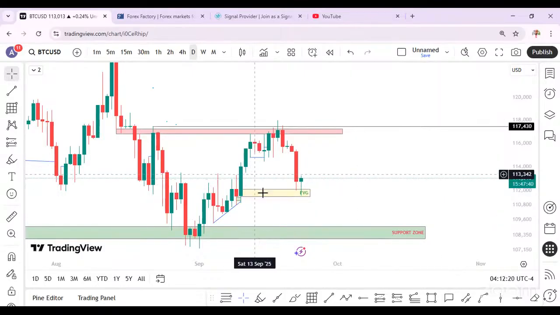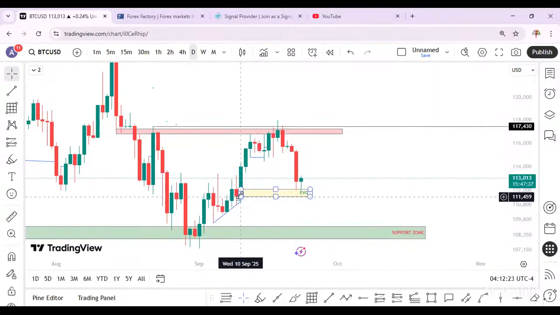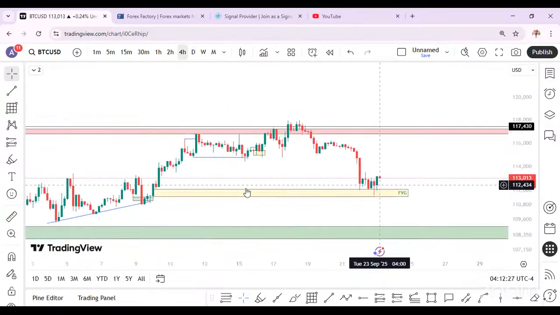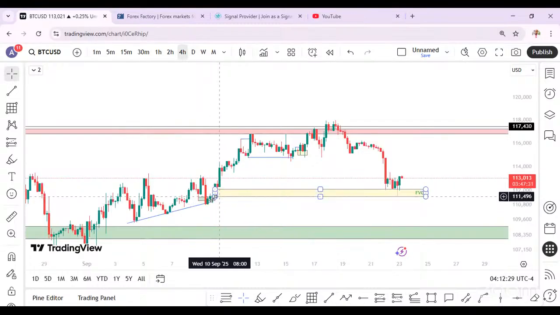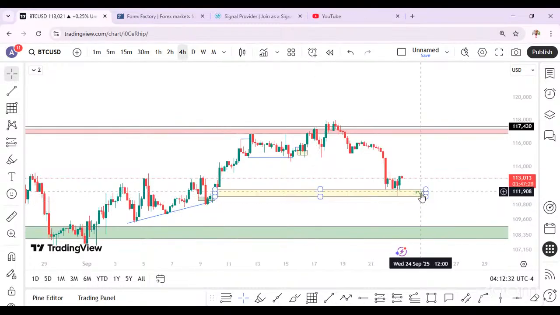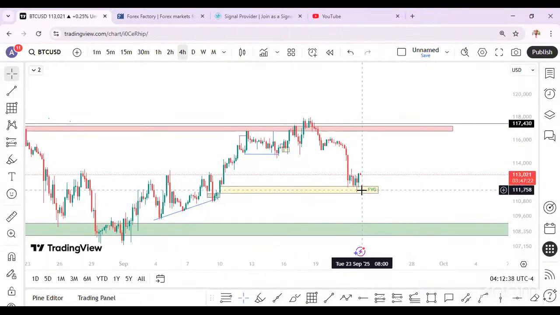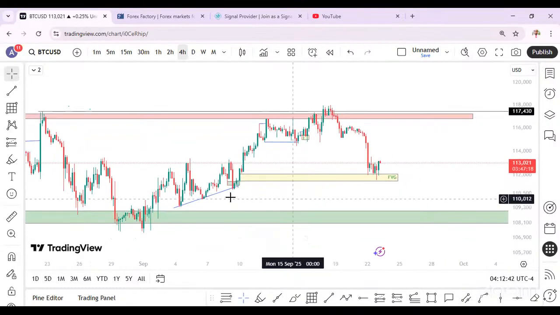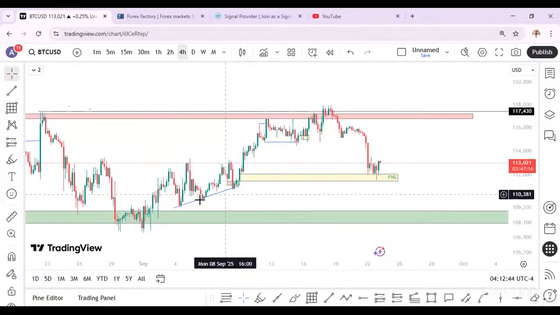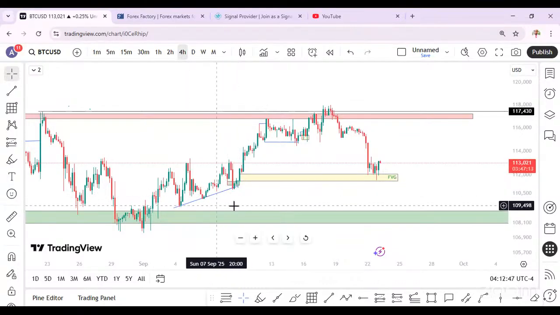So price has come to mitigate this daily order block, but when we go to 4 hours, that place is an imbalance. So we have a fair value gap that price tapped into. All we know now is we want to see if this imbalance will sustain price. Otherwise, there's this kind of trend line liquidity that also resides here.